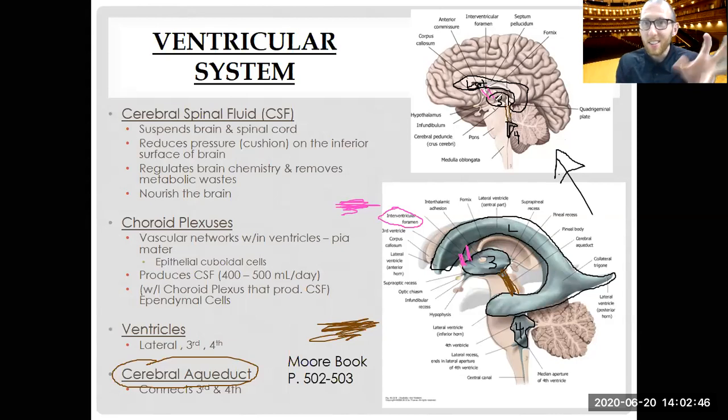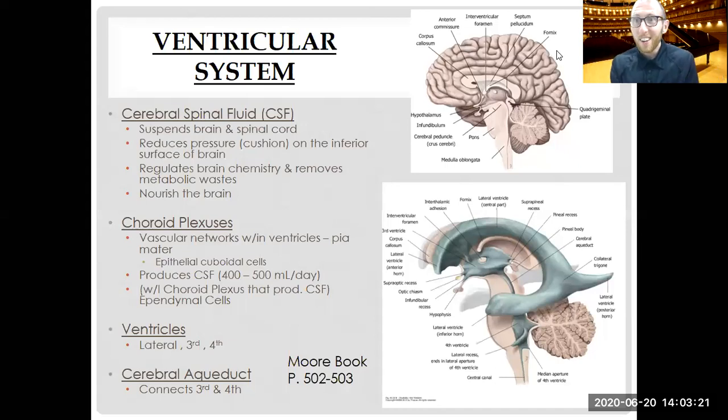You've got the third right on top of the thalamus, but it's in there. Then you've got the cerebral aqueduct connecting the third to the fourth. The interventricular foramen, I tried to put right where that arrow is, and then the giant lateral ventricles, which surround both sides.